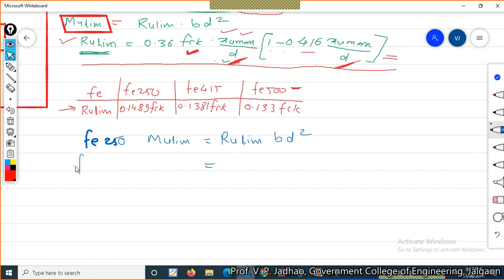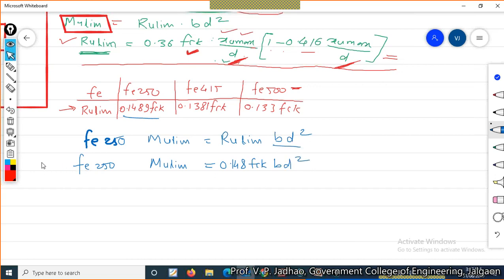Now for Fe 250, this Mu limiting will be equal to Ru limiting, and we have Ru limiting equal to 0.148 into fck, and again we have b d square.